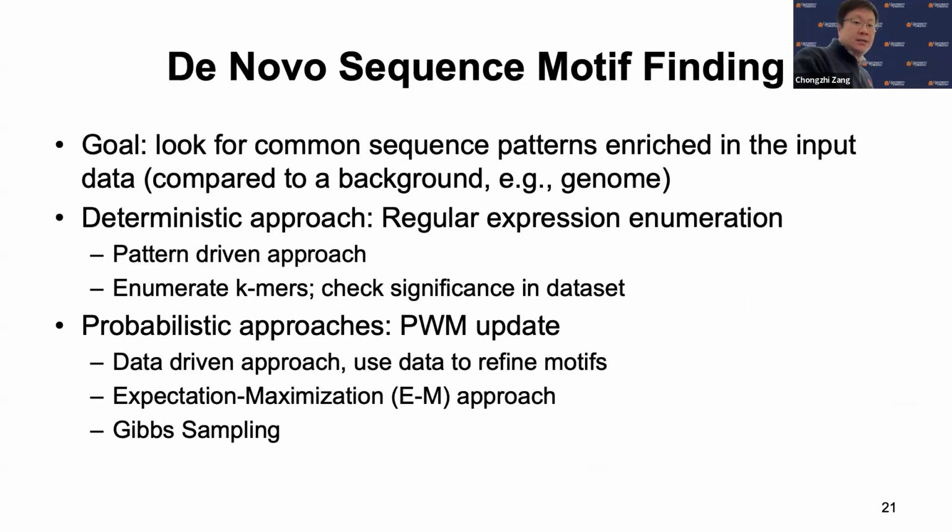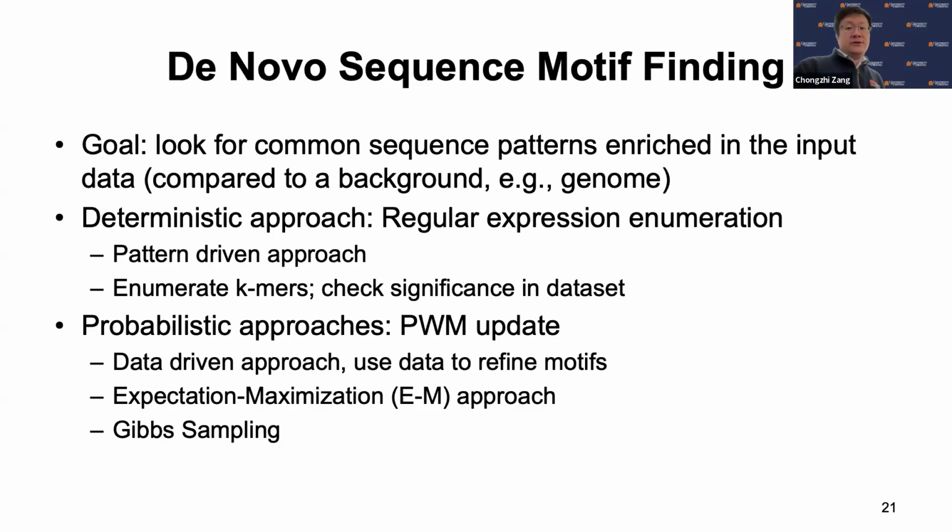The problem formulation is that we have a bunch of DNA sequences, and we have a goal of looking for common sequence patterns enriched in the input DNA sequences. And usually we want to make the comparison with the background, for example, the genomic DNA sequence.